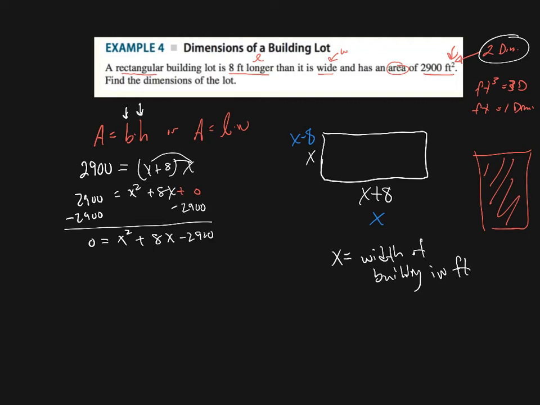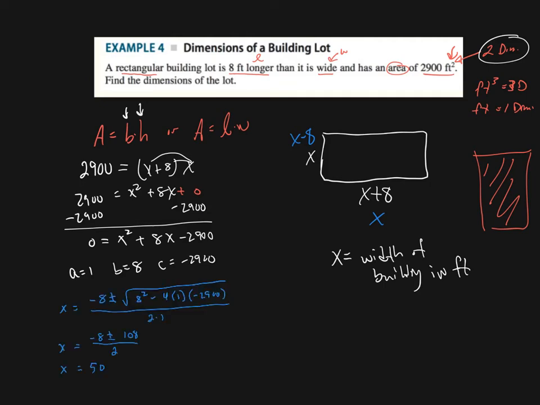Now again, because I have that 2,900, I am going to choose to use the quadratic formula to solve this one. So I'm going to say that a is equal to 1, b is equal to 8, and c is equal to negative 2,900. We already wrote the quadratic formula down on the previous page, so take a moment, press pause, and finish this one out on your own.